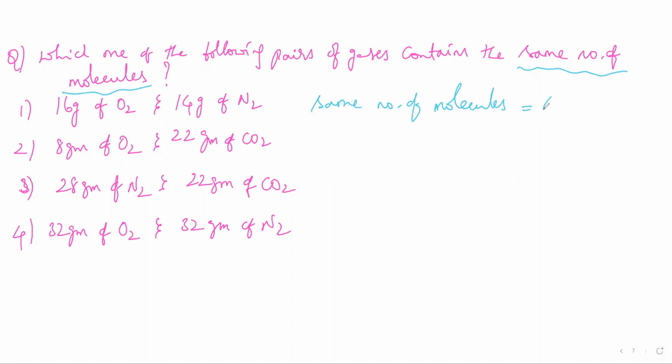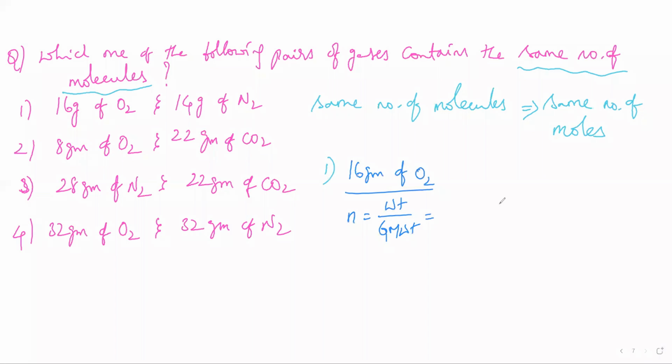Same number of molecules means same number of moles. If number of moles of all those gases are same, then they'll have same number of molecules. First option. What is formula? Number of moles is weight by gram molecular weight.